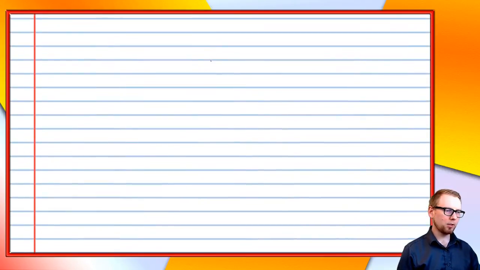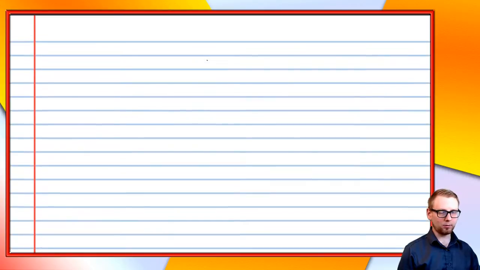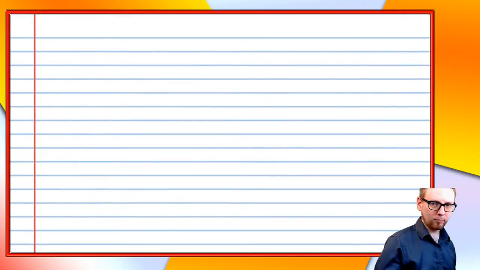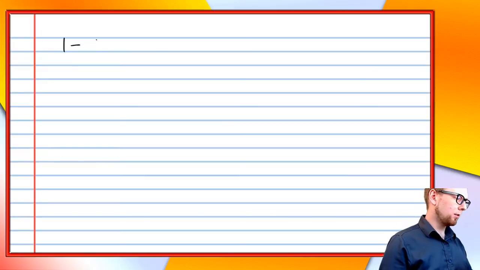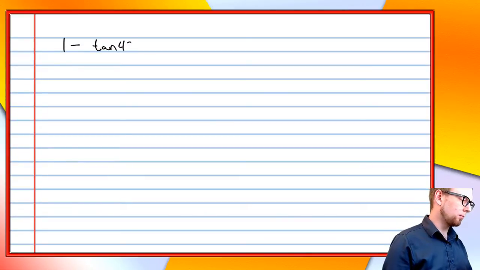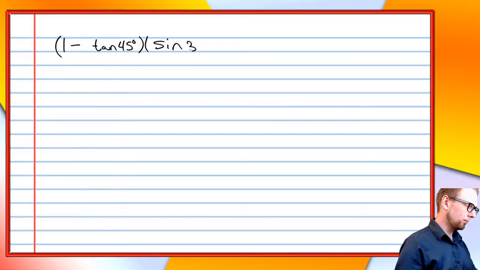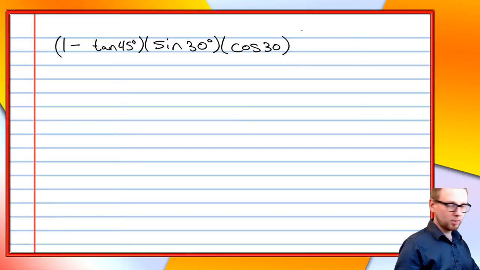So the question is basically just exact values. 2B: 1 minus tan of 45 degrees times sine of 30 times cosine of 30 times tan of 60.